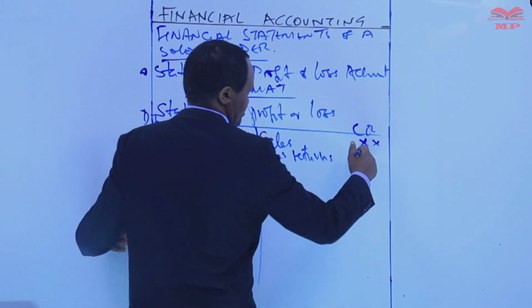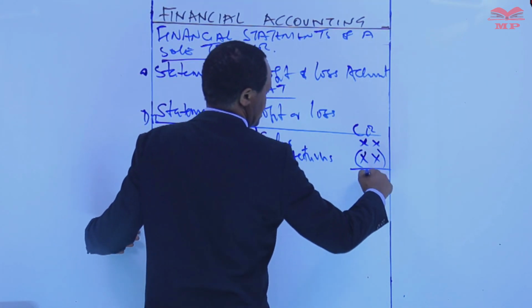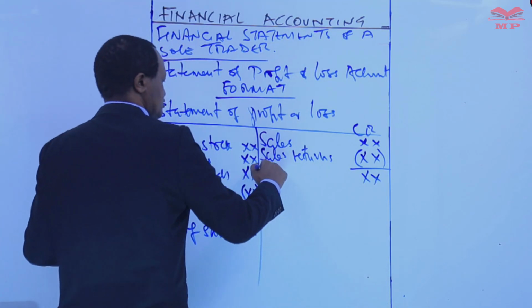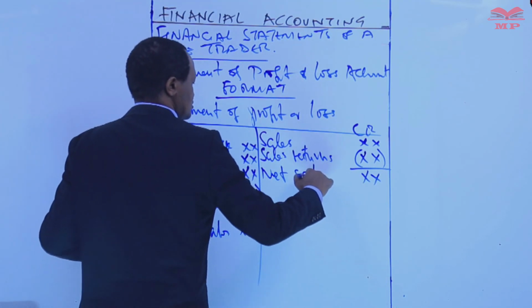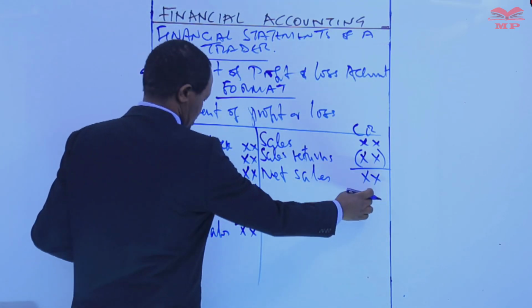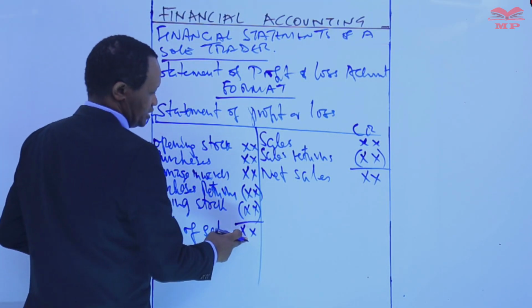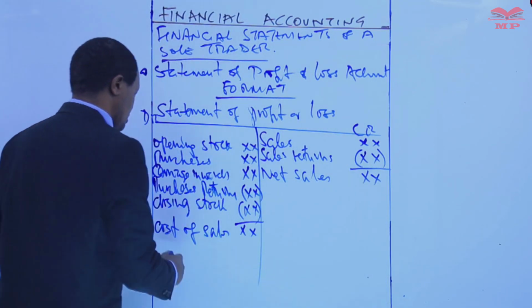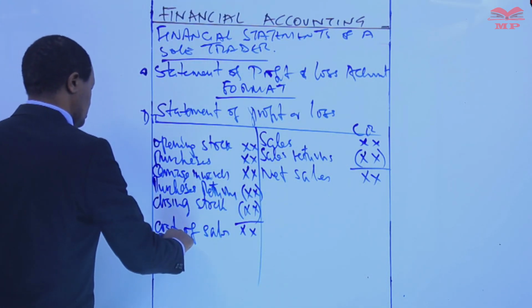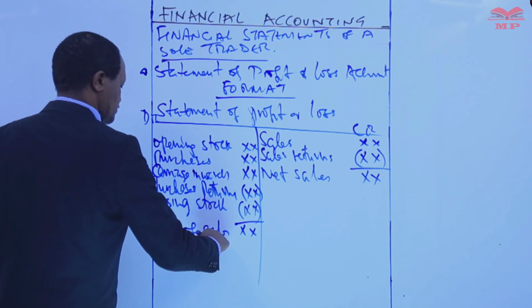When that happens, we deduct from the sales to get the net sales. From this net sales, we deduct the cost of sales. This amount deducted from that amount gives what we call the gross profit.